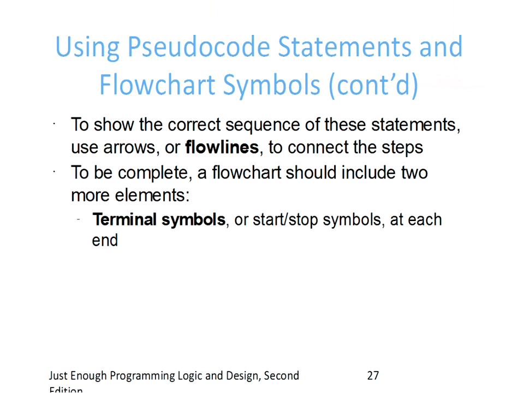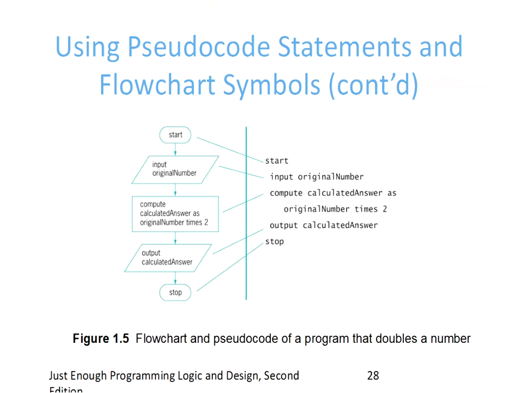So then we also need to use flow lines, so we can look at which way the code is flowing. So there's going to be arrows. We have shapes, and the shapes are connected with arrows. And then we need terminating symbols to show where the program starts and where it stops. So this is an important slide right here.